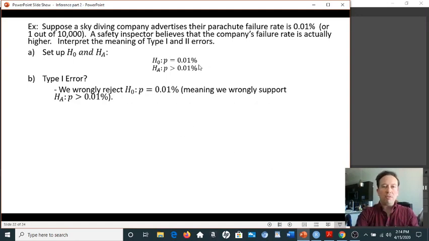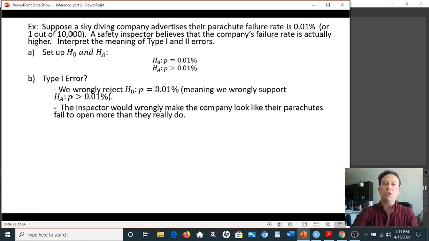If we wrongly reject the null hypothesis, that means it gets thrown out, and we're believing the alternative is actually the case. But it's wrong, right? We wrongly support it. So the inspector would wrongly make the company look like their parachutes fail to open more than they really do, because this is the statement we're supporting, that it's more. But we were wrong with that decision.